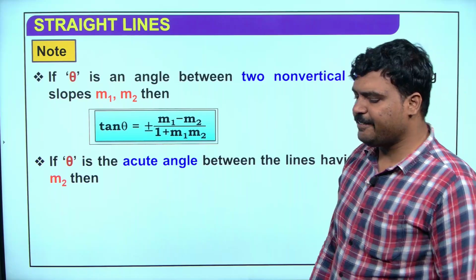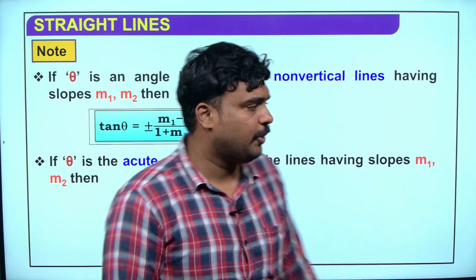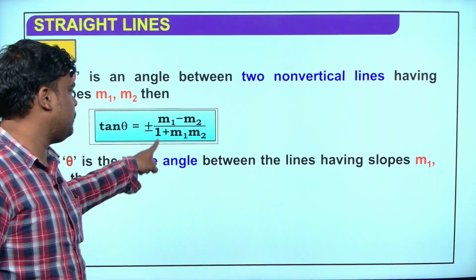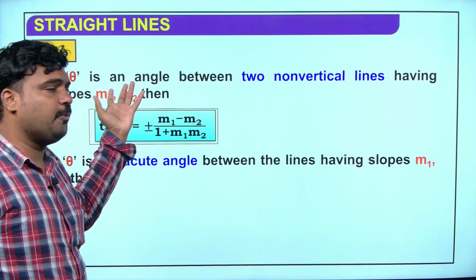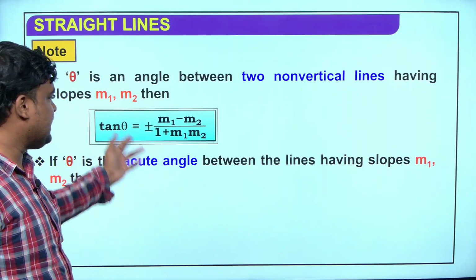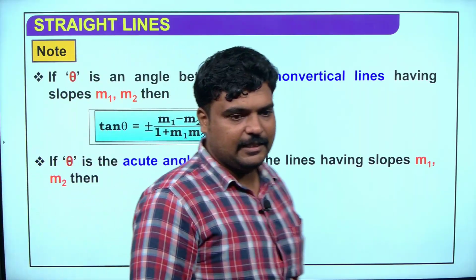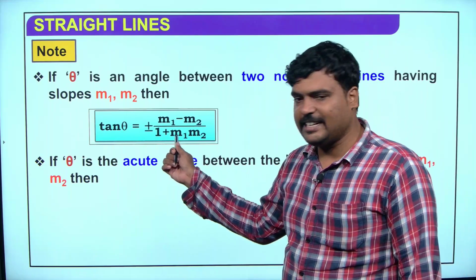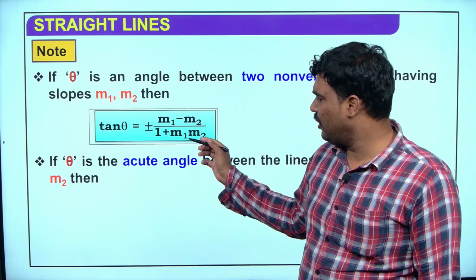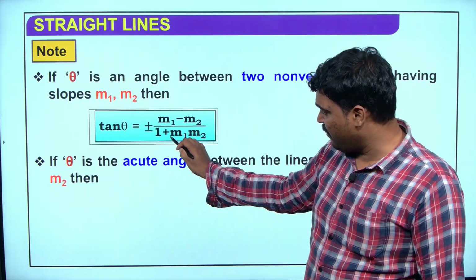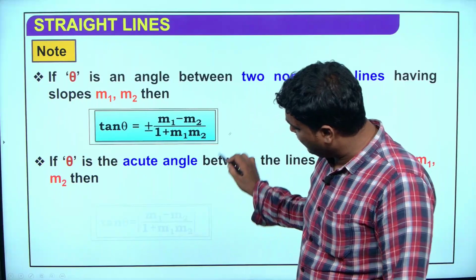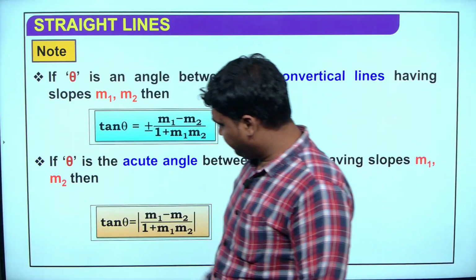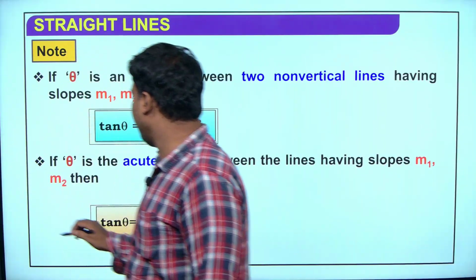So this is the angle between two lines. This formula reminds you of the tan theta formula, right? The tan of a difference formula: M1 minus M2 divided by 1 plus M1 M2 gives the angle between two lines. What does this mean?